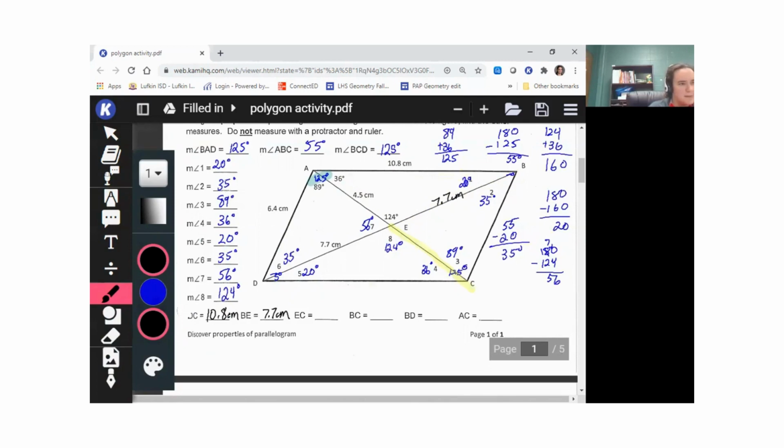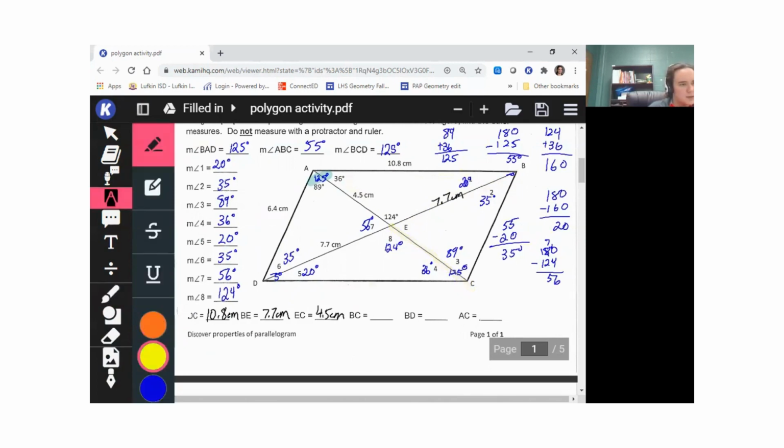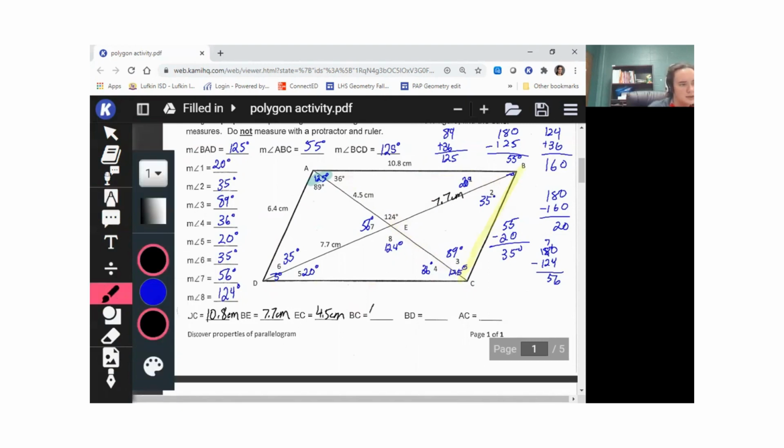Where's my B at? B is up here at the corner. So we're going B, hope not in, but on the side. B down to C, which is parallel and congruent with AD, which is 6.4 centimeters.